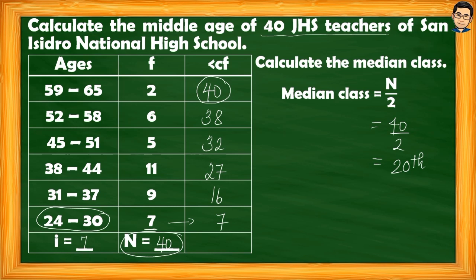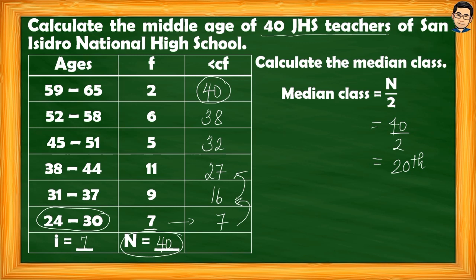So, dadako ngayon tayo dito sa less than cumulative frequency column. So, yung frequency ng 24 to 30 is 7. Hindi siya 7. Next, dito sa kasunod niya, 16. So, 16 is less than 20. Hindi pa rin po natin makikita yung 20th score dyan. So, punta po tayo dito sa next upper class, yung 27.